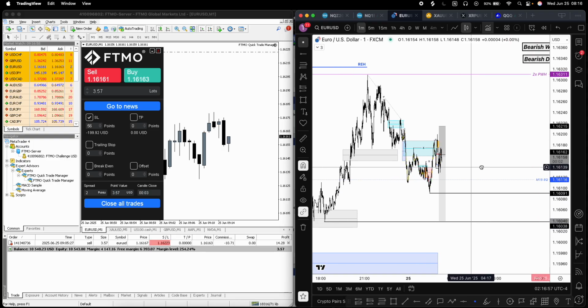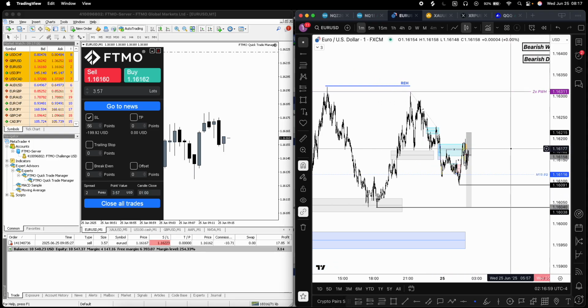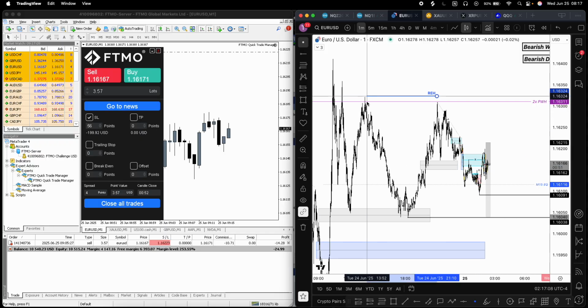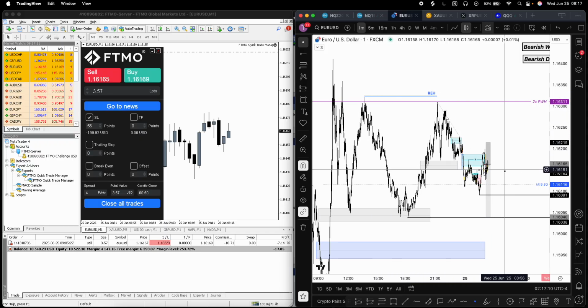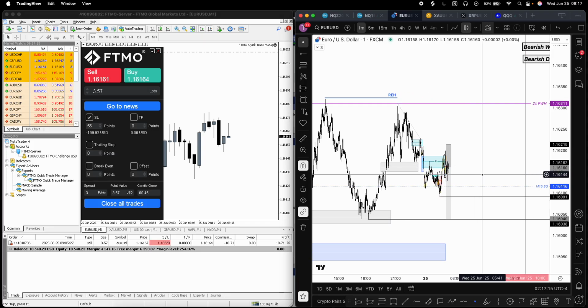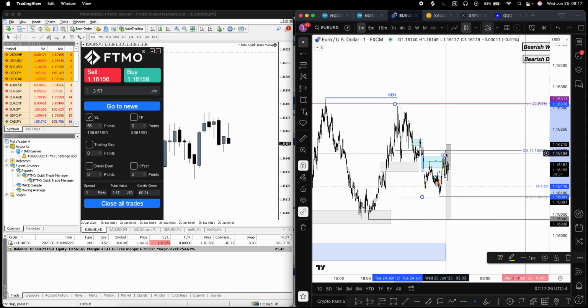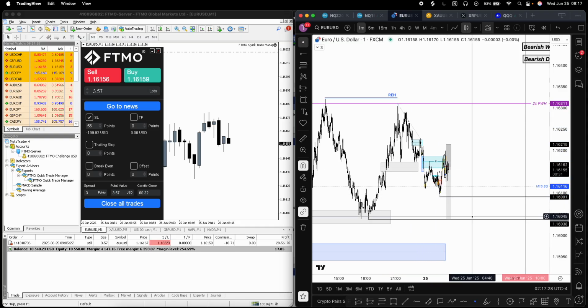But yeah, so another reason I'm worried, not worried, but why I could lose also is because we have relative equal highs above here. So that could be a reason it could lose. But I like the entry model. If you look here, we basically came up to equilibrium of this little leg here, so that's good too.